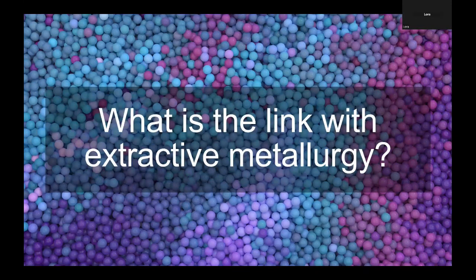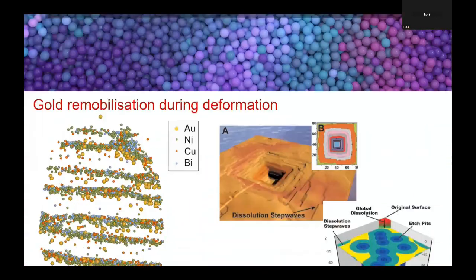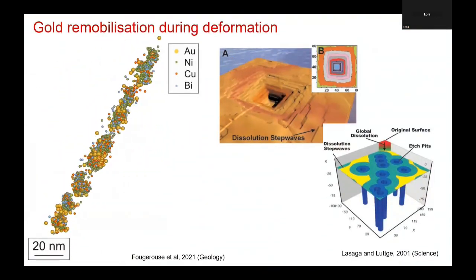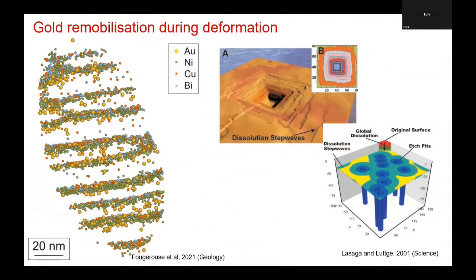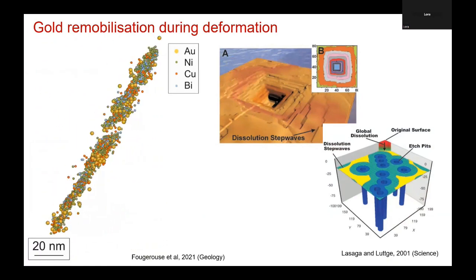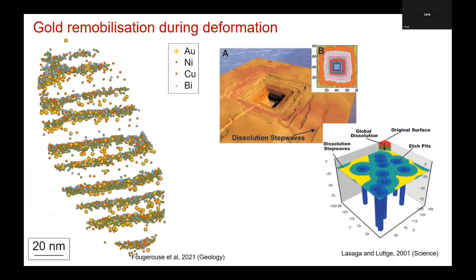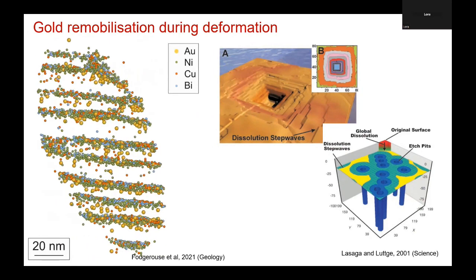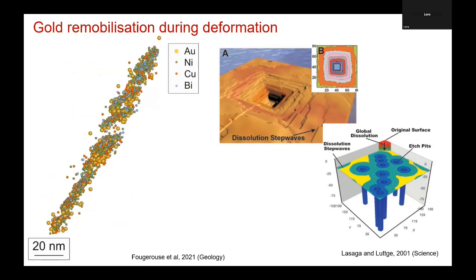Yeah. So what's the link with extractive metallurgy? Can we actually use this information to improve our metallurgical processes? Remember, we have our dislocations in pyrites. They are rich in gold. They are looking awesome, but really, are they an advantage or an inconvenience?